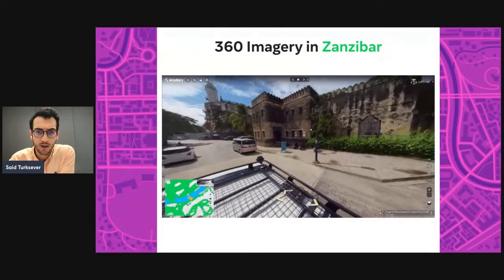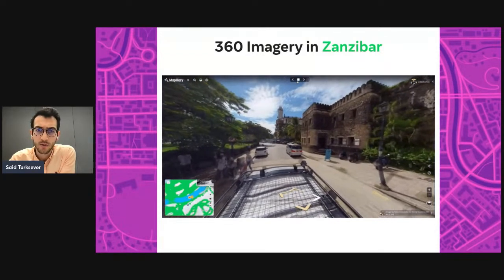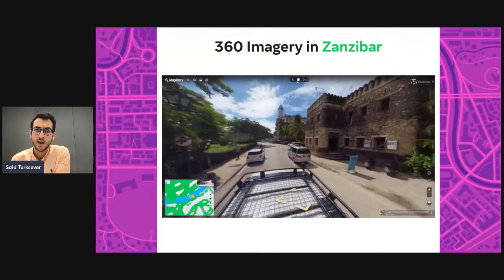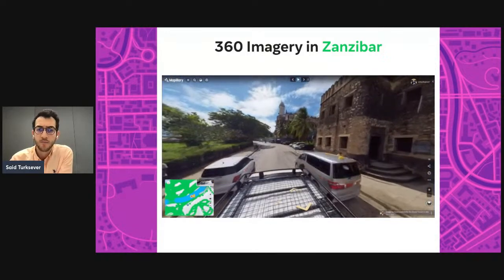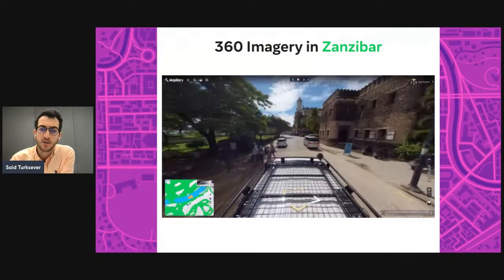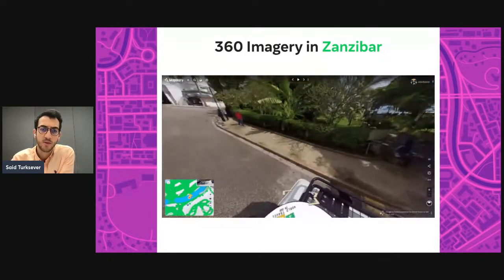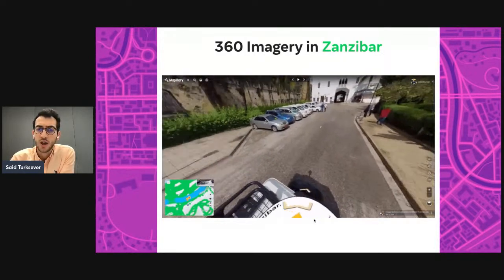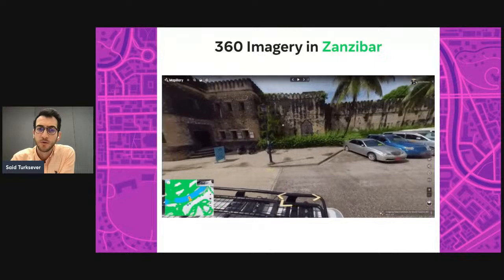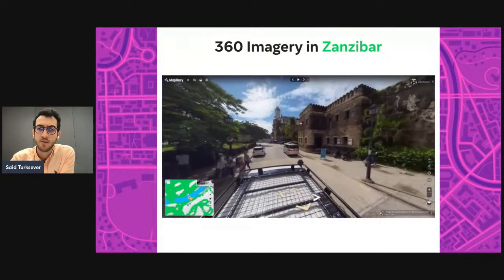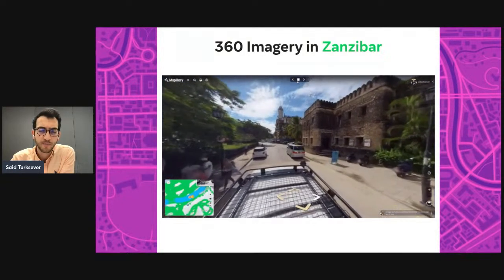It is 11K resolution 360 imagery, and all of it is also available in the OpenStreetMap iD editor, the Rapid editor, as well as GeoSM. If you want to check it out and improve map data on OSM, you can rely on this imagery.